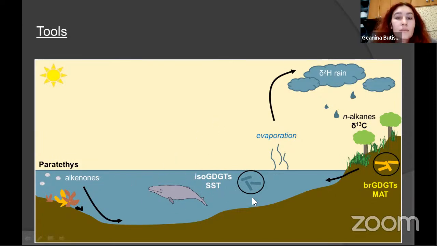And together with these, they are registering the climatic signal from the moment of formation. The evaporation, of course, is also registered in the hydrogen isotopes, and we can assess with this method how dry or how much evaporation there was at a certain point, or how humid it was.